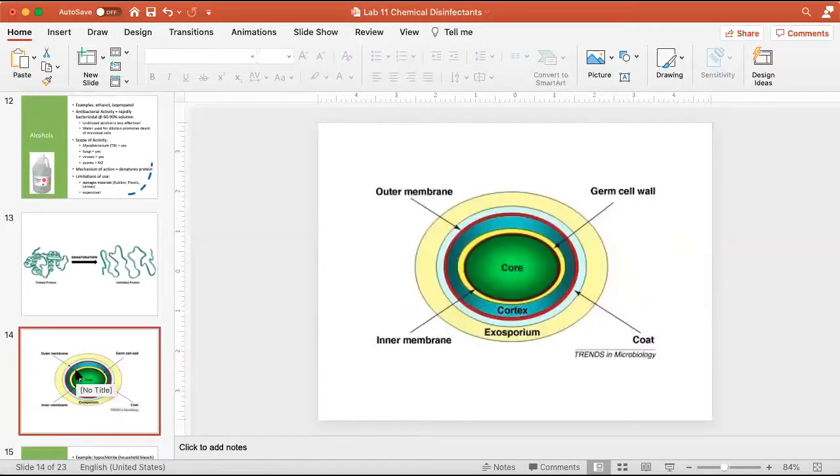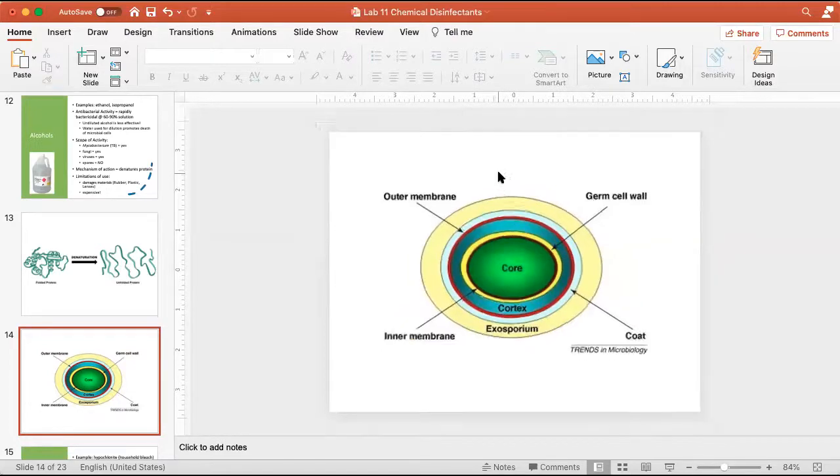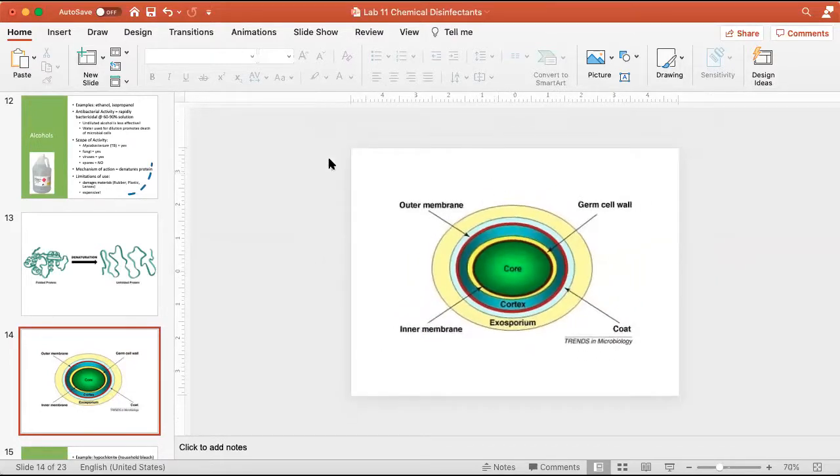I put this drawing in just to remind us about spores. Alcohols are very effective at denaturing protein, but that's not going to be useful when we're fighting against a spore. Because essentially, a spore is genetic material from a cell that gets surrounded by layers and layers of impenetrable materials.